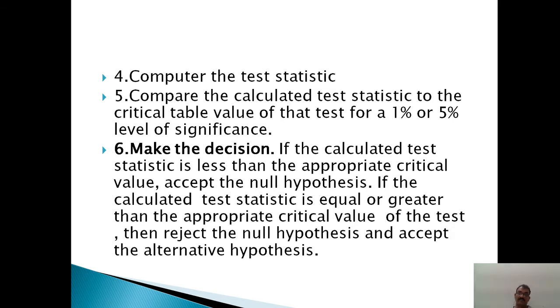If the calculated value is equal to or greater than the appropriate critical value of the test, that is the table value, then reject the null hypothesis and accept the alternative hypothesis. Rejecting the null hypothesis automatically accepts the alternative hypothesis.